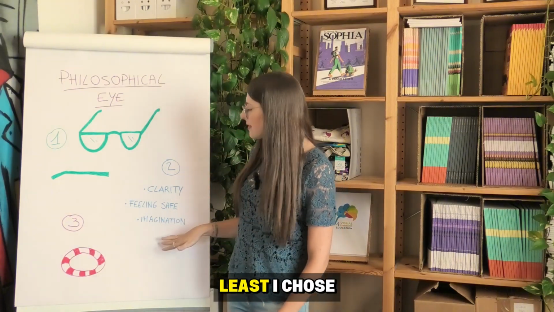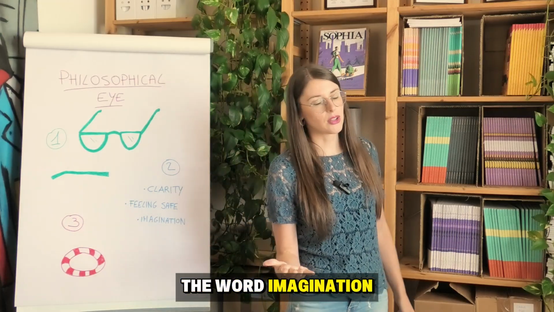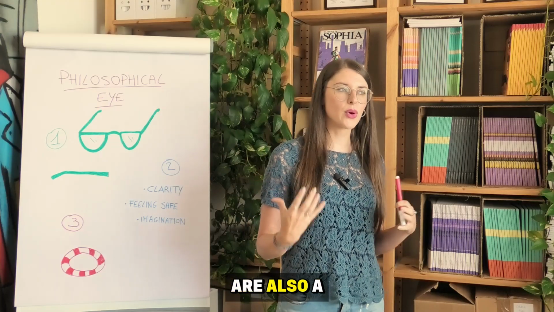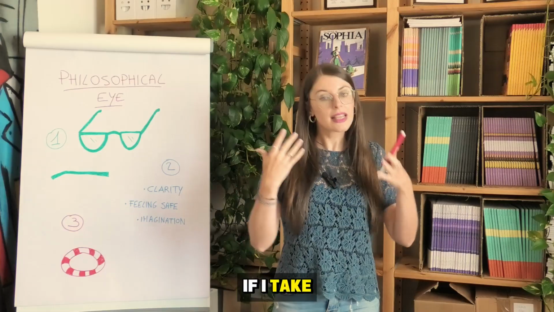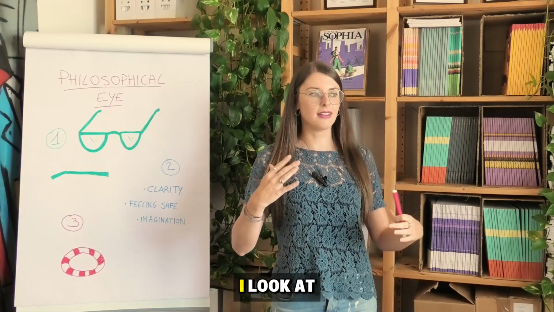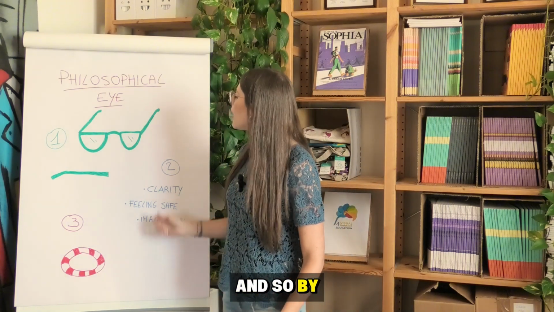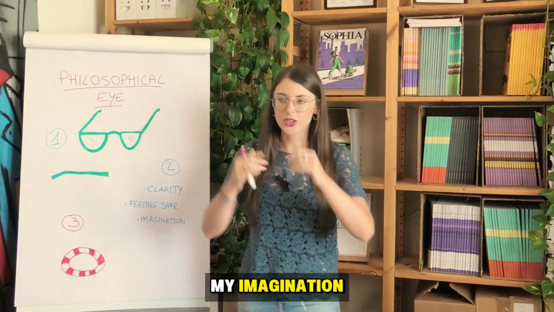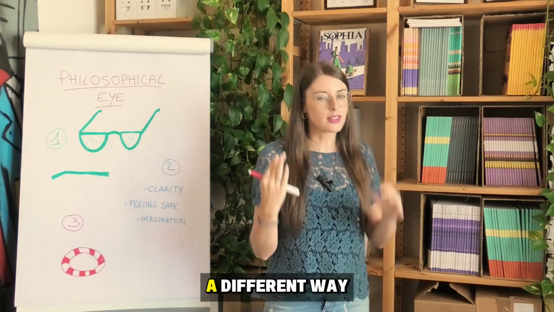Last but not least, I chose the word imagination, because the glasses are also a way of experiencing a different world. If I take off my glasses, I look at the world in another way. And so by wearing the glasses, I can stimulate my imagination. I can see things and imagine things in a different way.